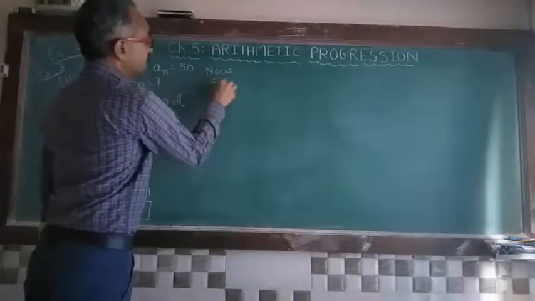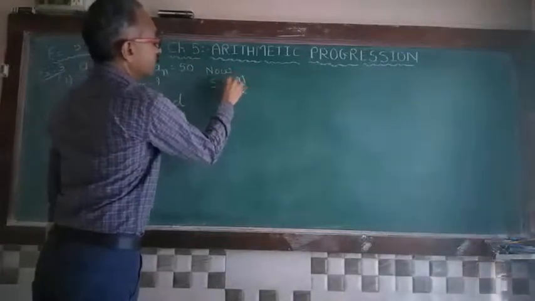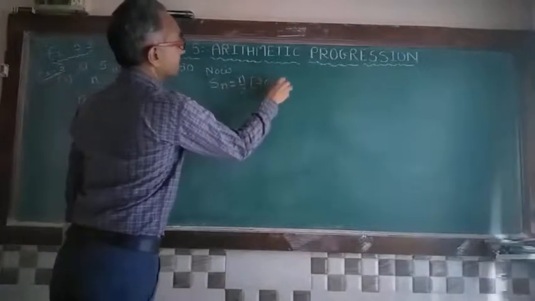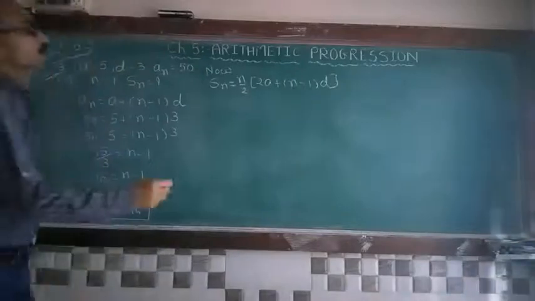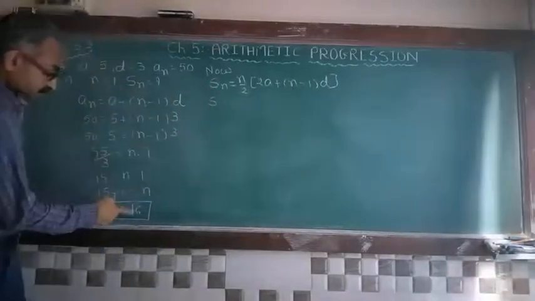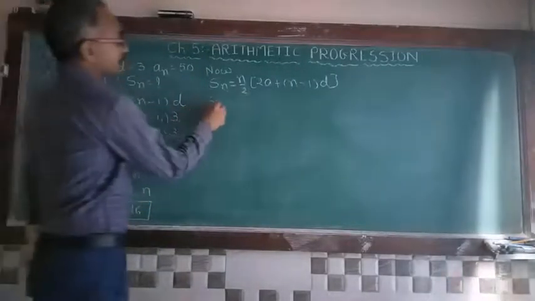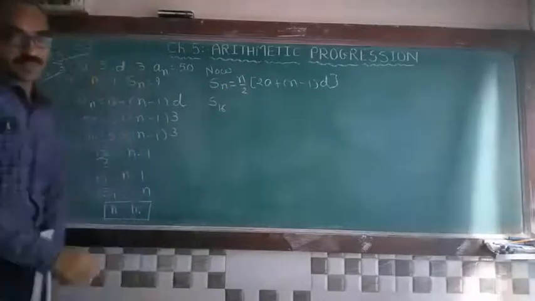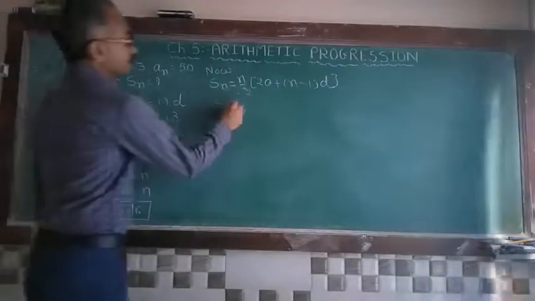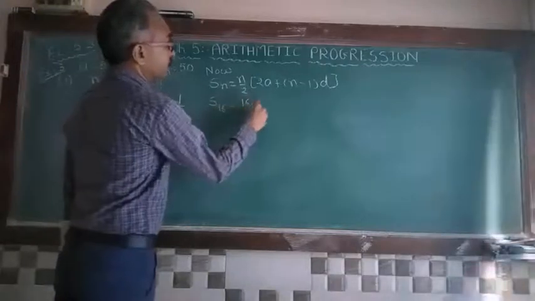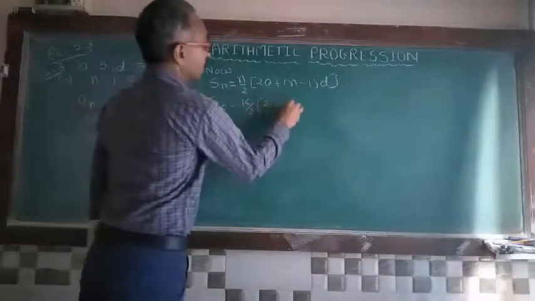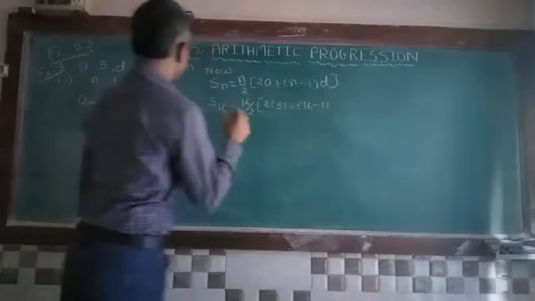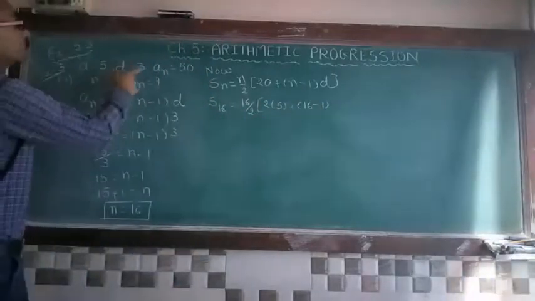Now Sn is equal to n by 2 into twice a plus n minus 1 into d. So S16, because you have 16 terms in your AP. So 16 divided by 2, into 2 times the first term, which is 5, plus 16 minus 1, and d is given to you, 3.